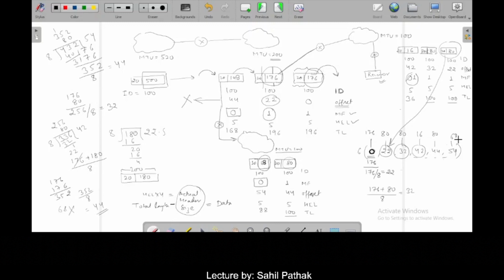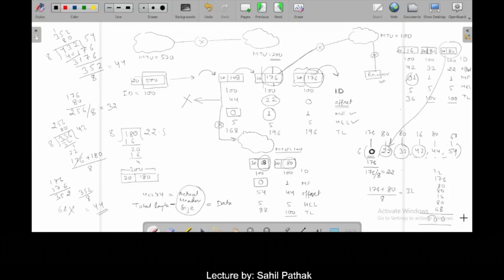So if you add all of these, 176 plus 80 plus 80 plus 16 plus 80 plus 68, this is coming out to be 500 bytes.